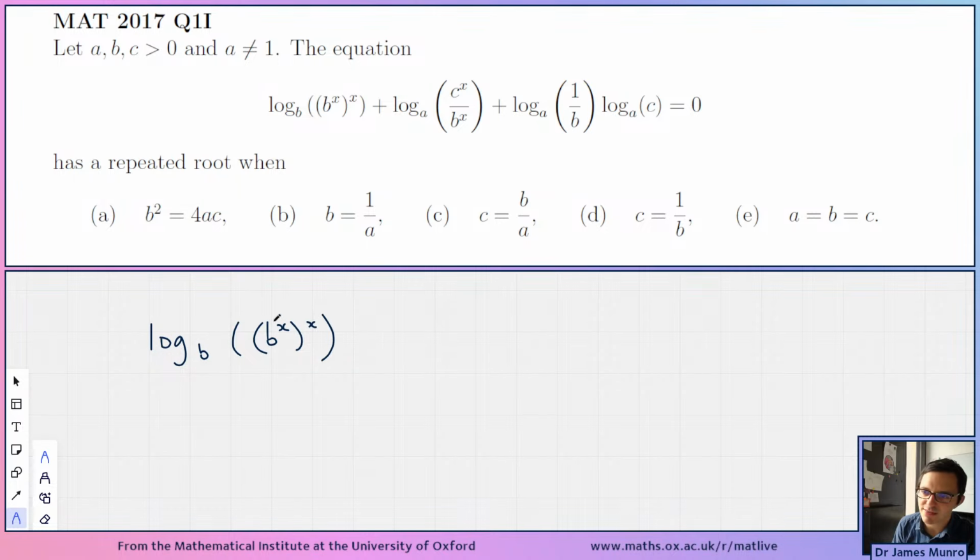And when I see a power of anything inside a logarithm, I'm imagining that we have this option to move it outside. I'm going to put these brackets in as well, just to make it clear that the stuff inside these brackets doesn't matter to me right now. All I'm seeing is thing to the power of x inside the brackets, and I'm moving the x outside. Although it's the letter x, that shouldn't scare us.